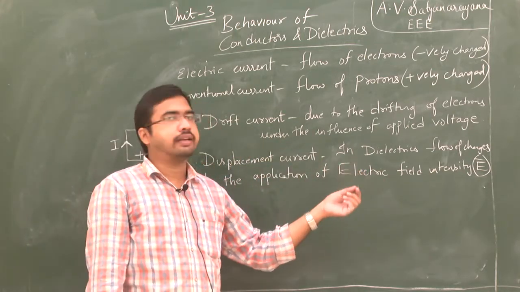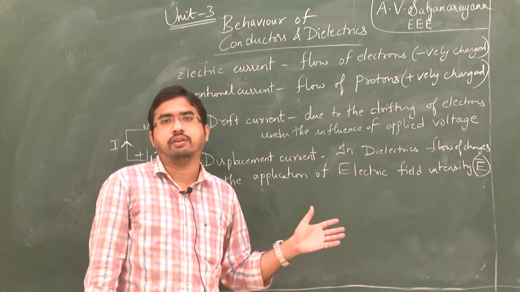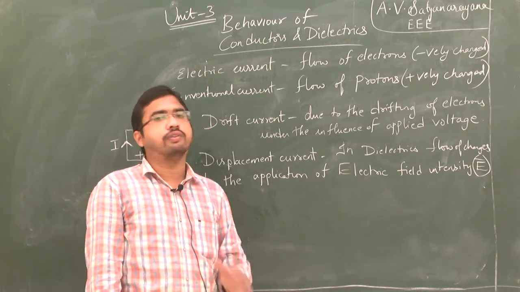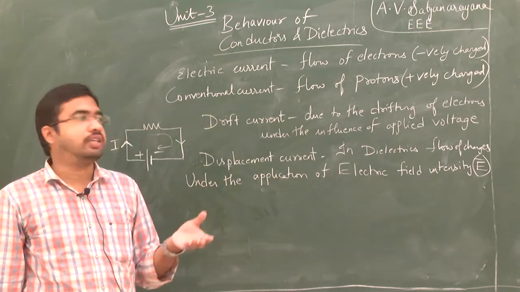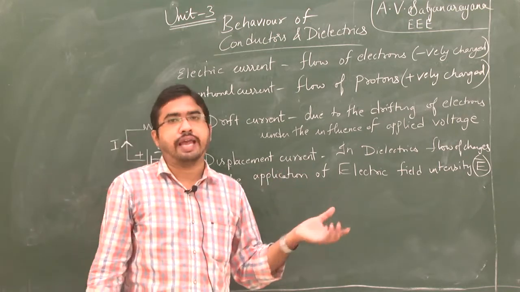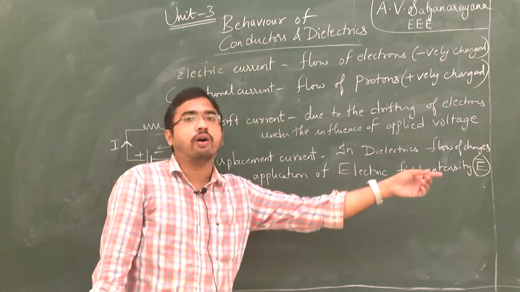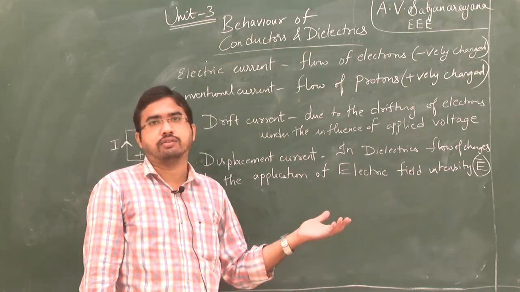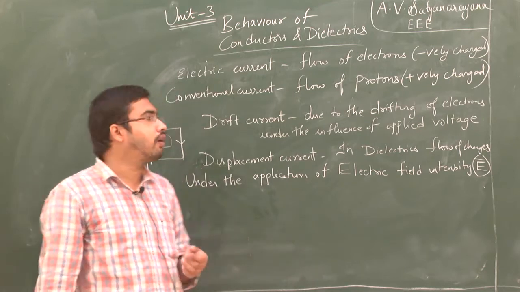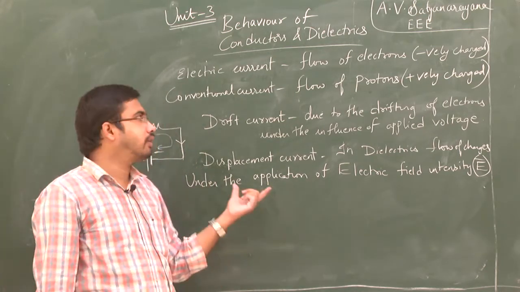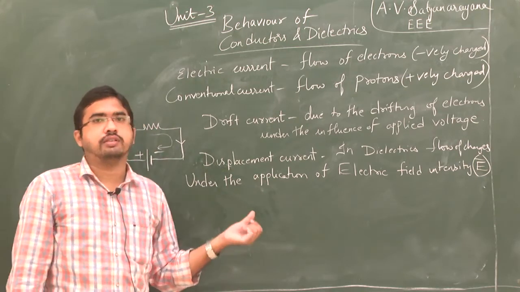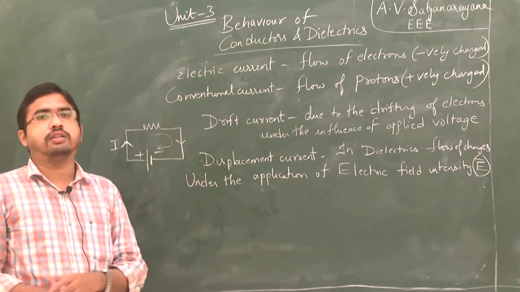In dielectrics, actually there are no free electrons available, so there is no flow of current. They will almost act as insulators. But under the application of electric field intensity externally, there will be flow of charges in dielectrics, which will result in a current called as displacement current or convectional current. Okay? So these are the different types of currents that you will study.